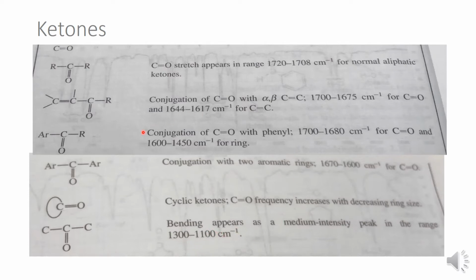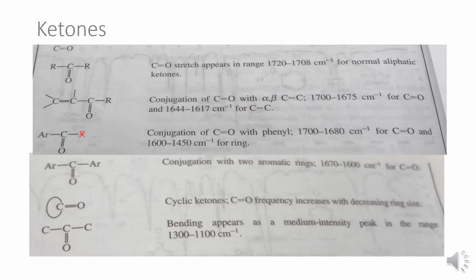Generally, ketones show a very strong band for the C=O group that appears in the range 1720 to 1708 per centimeter, which is the case for simple aliphatic ketones.